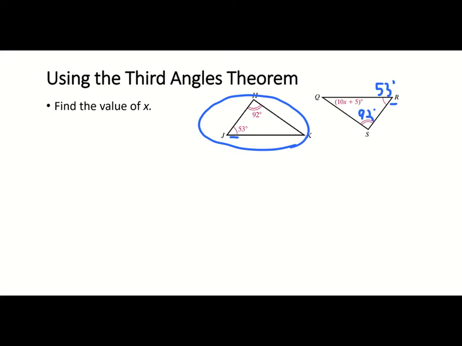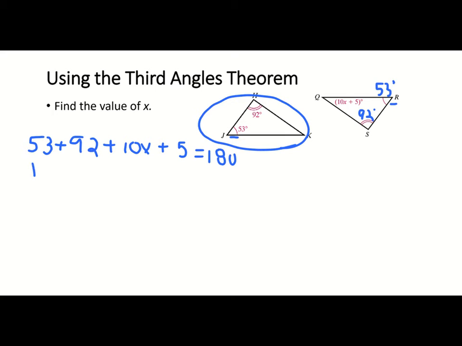So I'm going to do 53 plus 92 plus 10x plus 5 equals 180 degrees. And then combine like terms. So if I add them together, I will have 150.